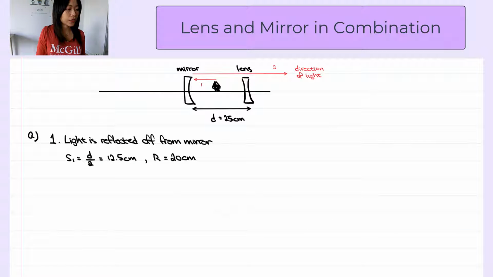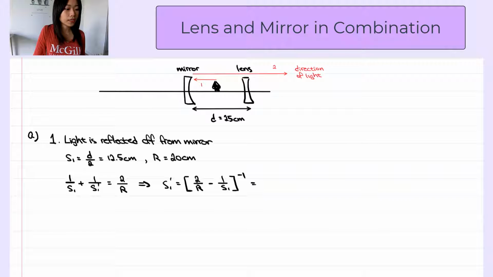Then we use the mirror equation. 1 over the object distance plus 1 over the image distance equals 2 over R. So S1 prime is the inverse of 2 over R minus 1 over S1. We substitute the numbers. Inverse of 2 over 20 centimeters minus 1 over 12.5, which equals 50 centimeters.